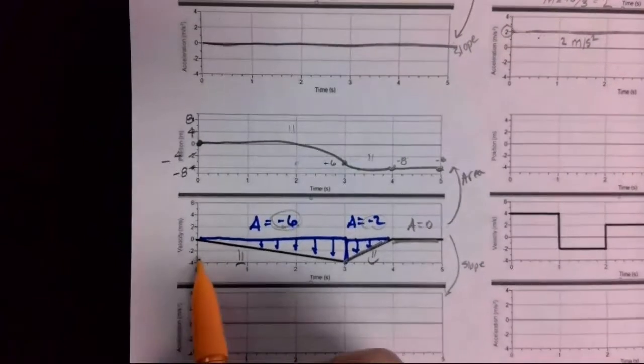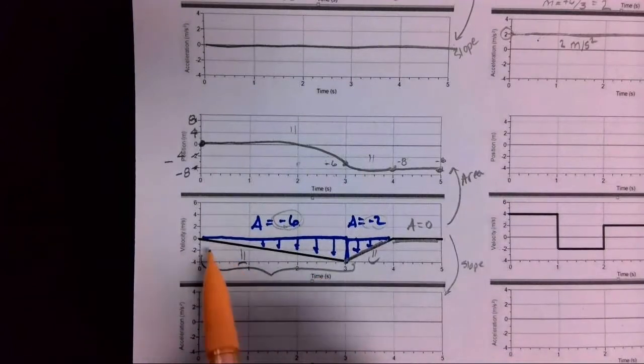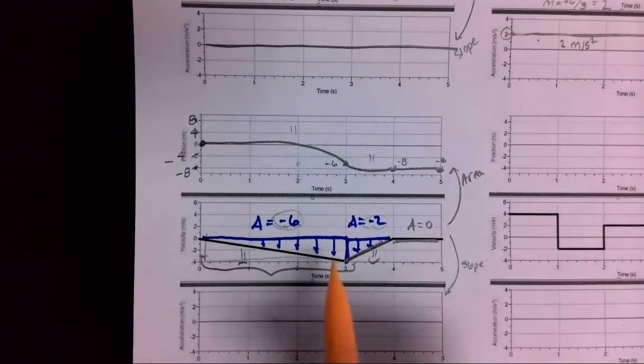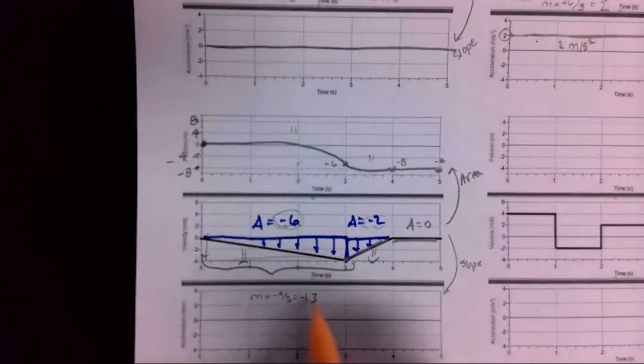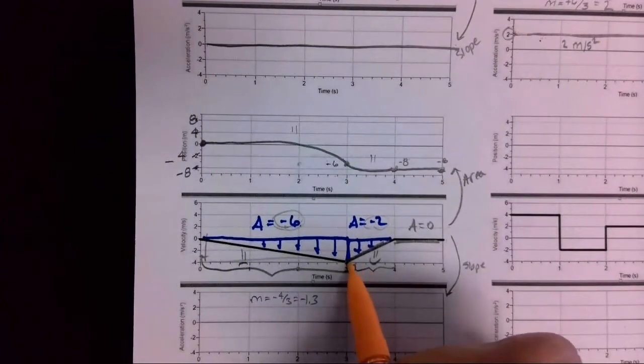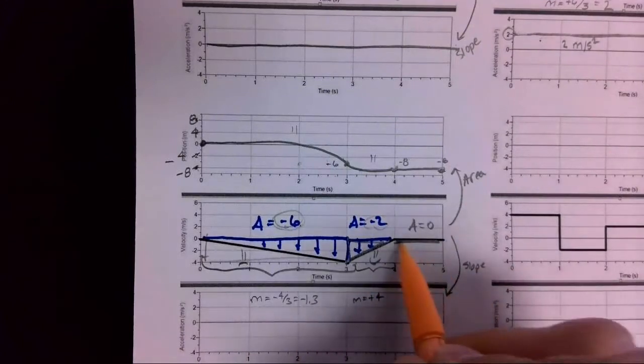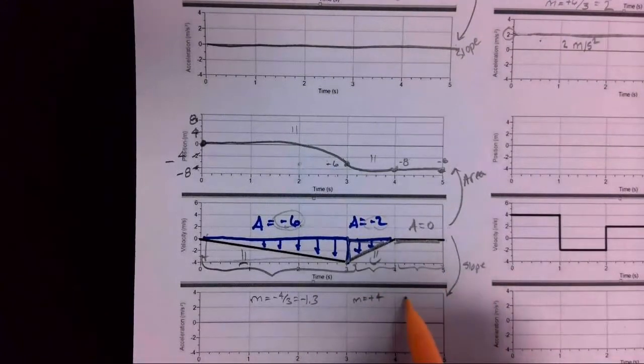So, finding the slope of this first section, this slope looks like it goes down 4 over 3, which is -1.3 repeating. This slope looks like it's going up 4 over 1, so this has a slope of +4. And then this slope right here in this section, this slope is equal to 0.